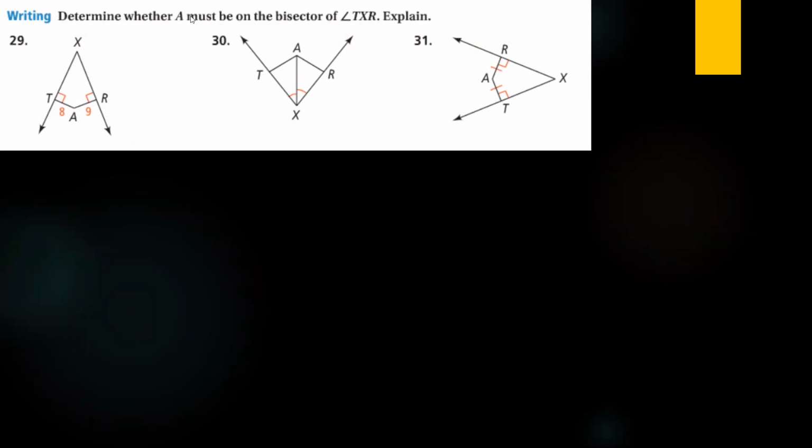Determine whether interior point A must be on the bisector of the angle TXR. Explain. Now, how can I determine whether point A is on the bisector or not?